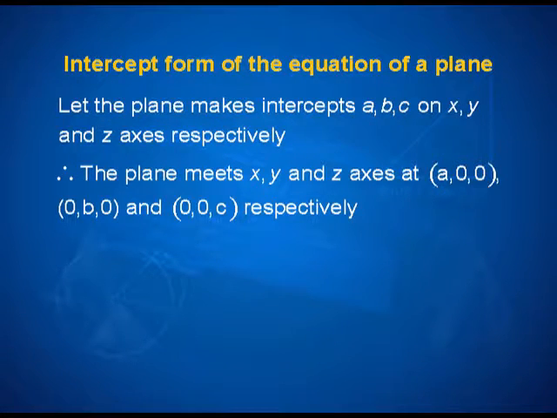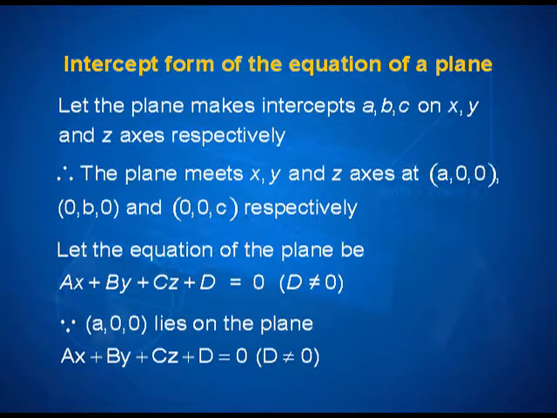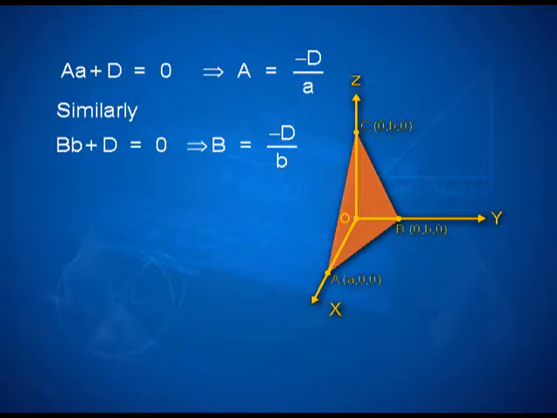But just to get that special form, if I take Cartesian equation of plane as Ax plus By plus Cz plus D equal to 0, then I know that (a, 0, 0) lies on this plane. So, if I replace x, y, z with these coordinates, I get a condition which tells me that capital A is equal to negative d upon small a. Similarly, you get capital B as negative d upon small b and capital C as negative d upon small c.